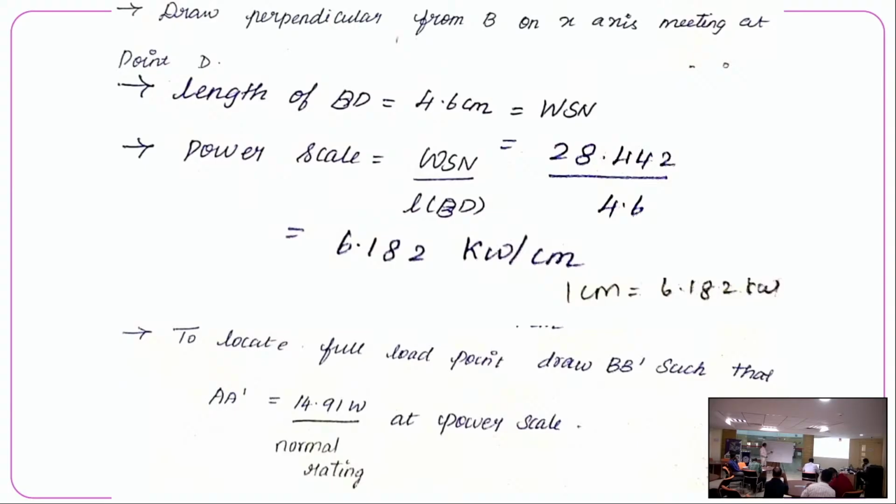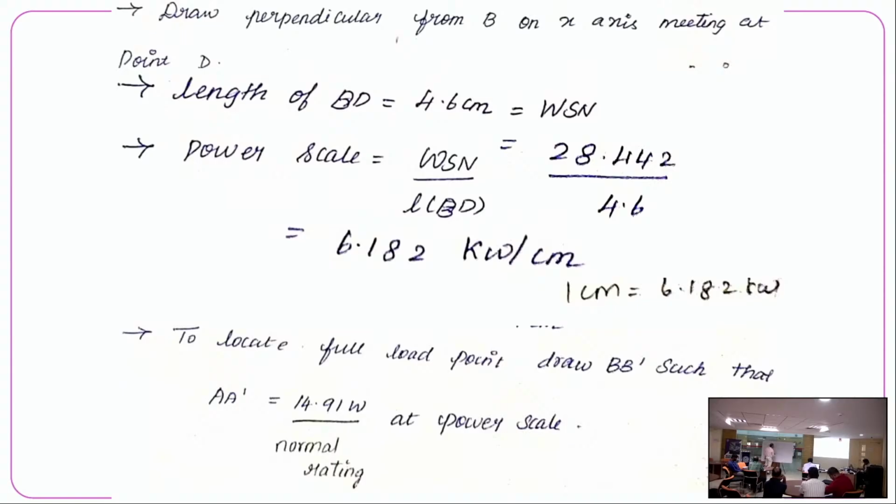So starting from this point X, DX is the no load loss, constant loss. Then DE is the I square R loss in the stator. Then BE is the I square R loss in the rotor. Then the machine has a full load power point. On that full load power point, to the scale, we draw it here.